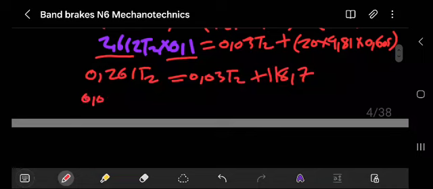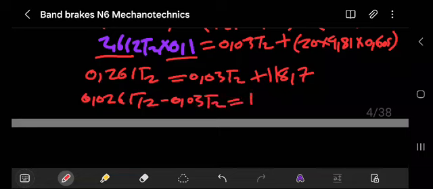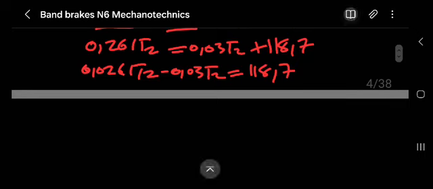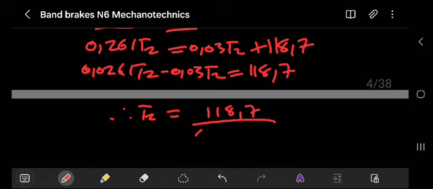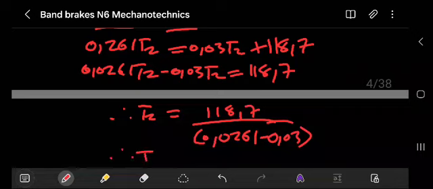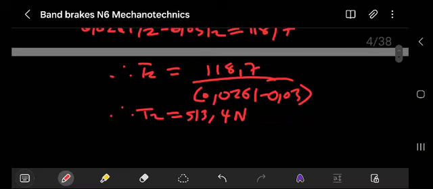Then this would be 0.0261 T2 minus 0.03 T2 is equal to 118.7. Therefore, we find T2 is simply 118.7 divided by 0.0261 minus 0.03. The T2 is simply equal to 513.4 Newton.